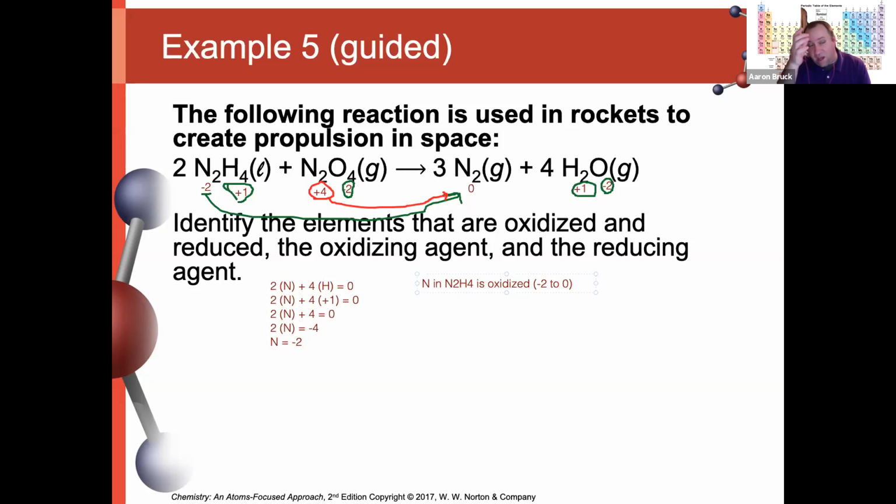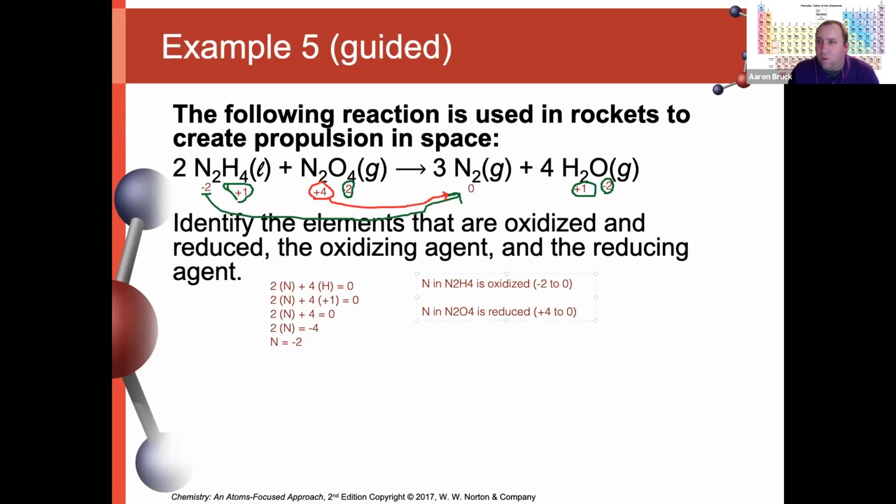So every nitrogen in hydrazine is losing 2 electrons. And for the dinitrogen tetroxide, we see that the nitrogen in that is being reduced because it's going from +4 to 0 also.